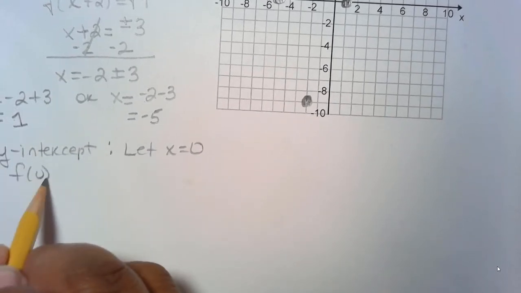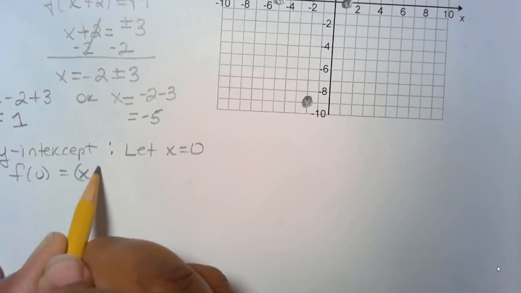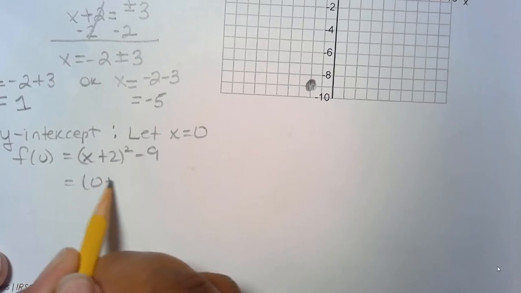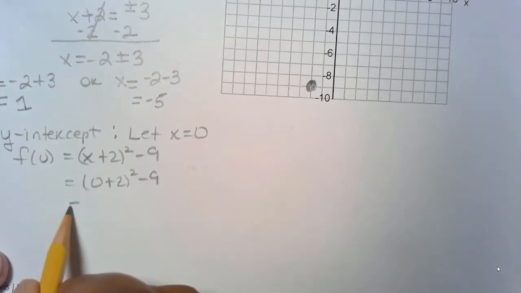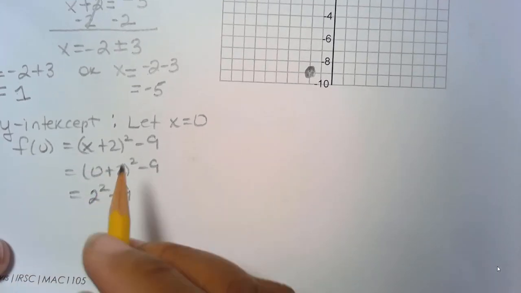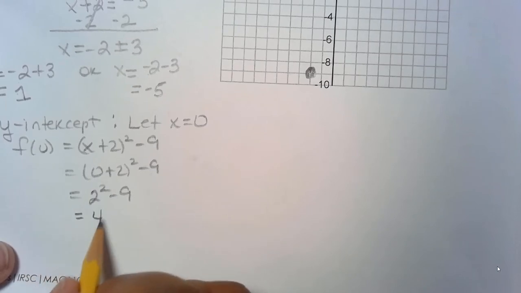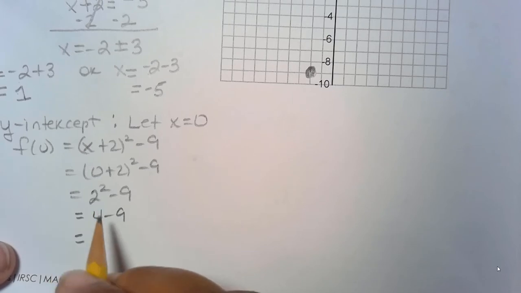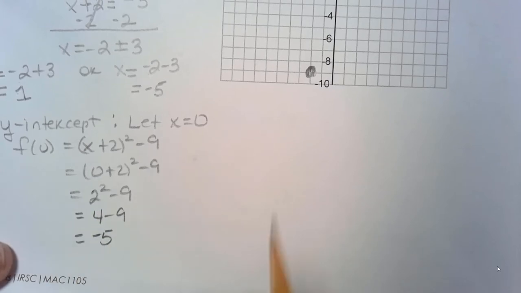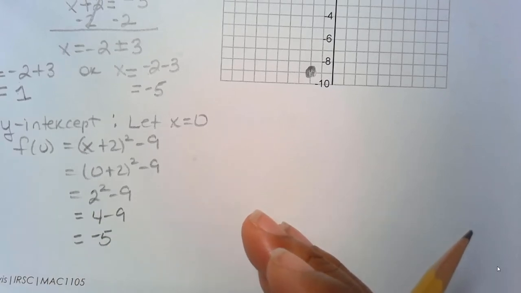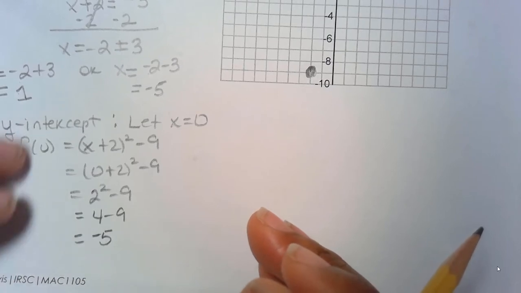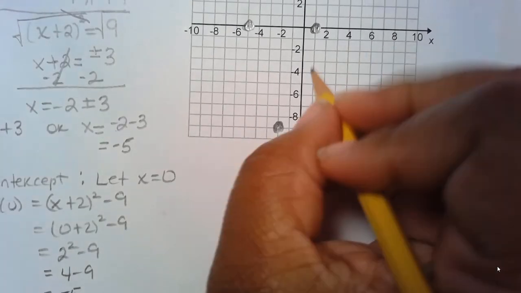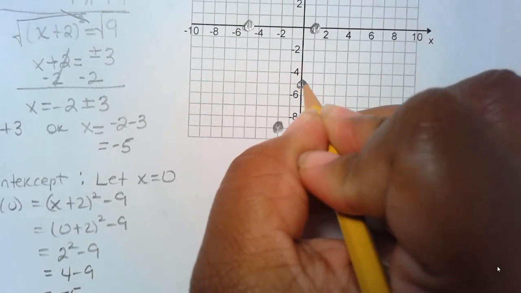So f of 0 equals the quantity of 0 plus 2 squared minus 9. 2 squared minus 9 gives us 4 minus 9, and this is negative 5. So look for negative 5 on the y-axis. Plot that point.